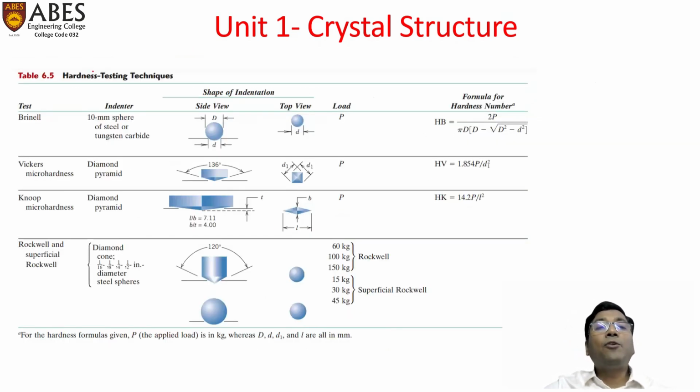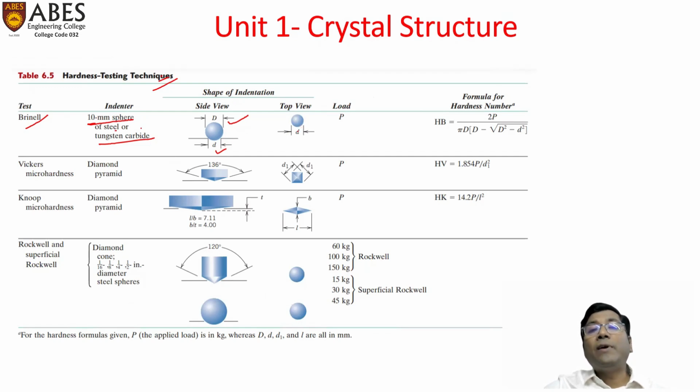To compare hardness testing techniques, the various techniques can be tabulated as follows. For the Brinell test, the indenter is a 10 millimeter sphere of steel or tungsten carbide. The shape of the indentation is spherical, with capital D the diameter of the spherical indenter and small d the diameter of the indentation, as we saw in the last slide.